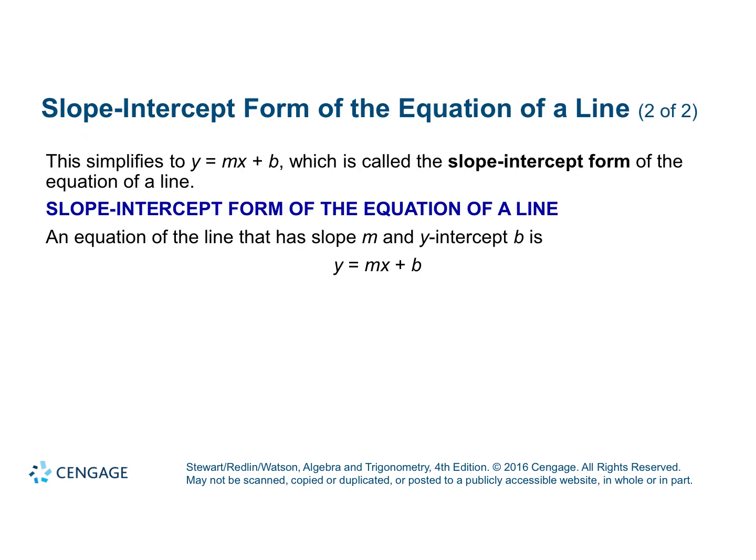Slope-intercept form of an equation of a line. This simplifies to y equals mx plus b, which is the slope-intercept form equation of a line. An equation of the line that has a slope of m and a y-intercept of b. So this is the slope. Again, if you needed to, you could find it by doing y2 minus y1 over x2 minus x1.